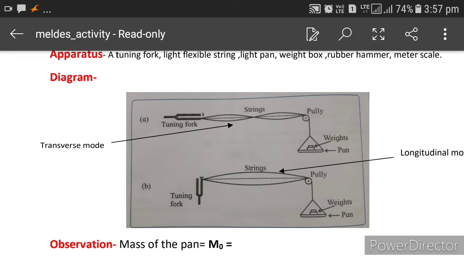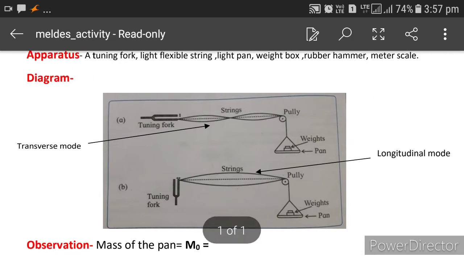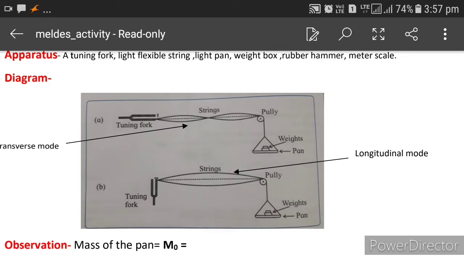Figure B shows the parallel position of the tuning fork, meaning the fork is adjusted so that its arms vibrate parallel to the length of the string, called the longitudinal mode or longitudinal position.